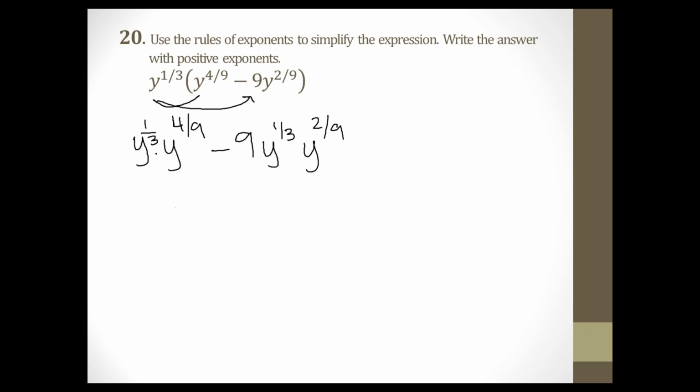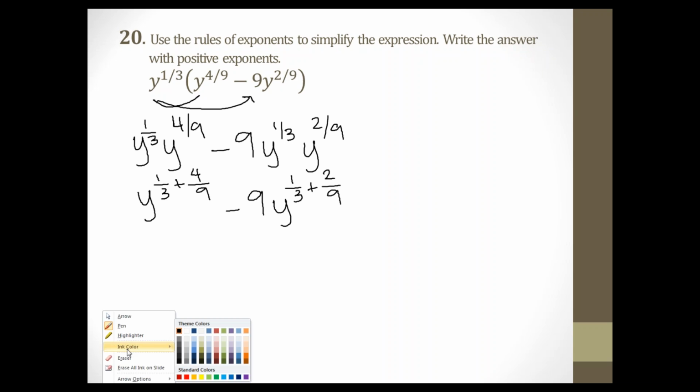Okay, so when you are multiplying expressions with exponents and they have the same base, you add the exponent. So that's y to the 1/3 plus 4/9 minus 9, and then we'll do the same thing here. y to the 1/3 plus 2/9.